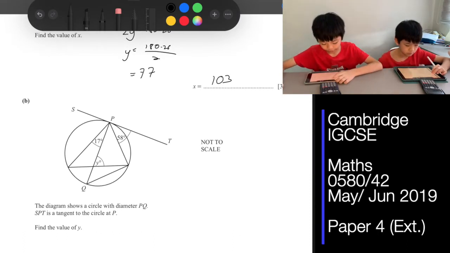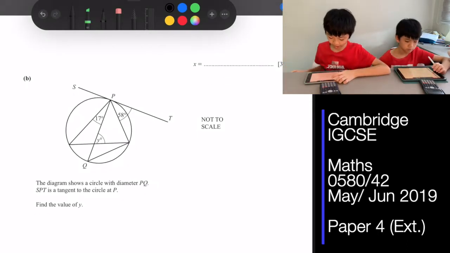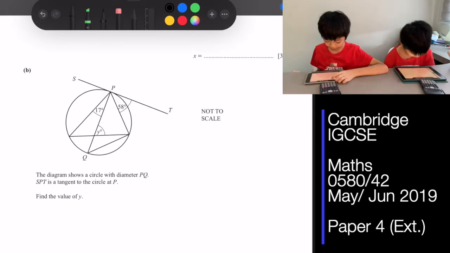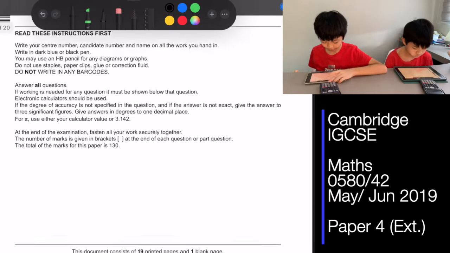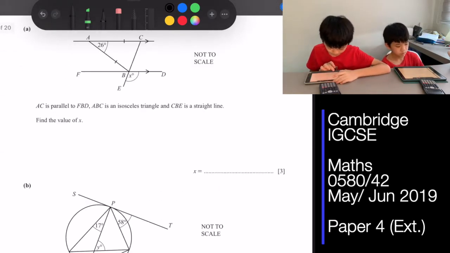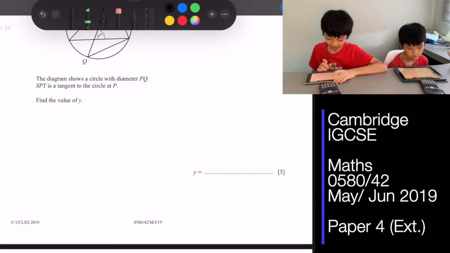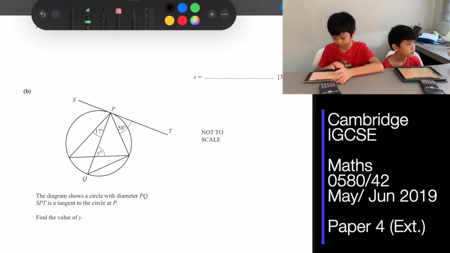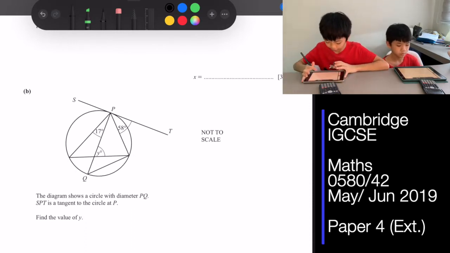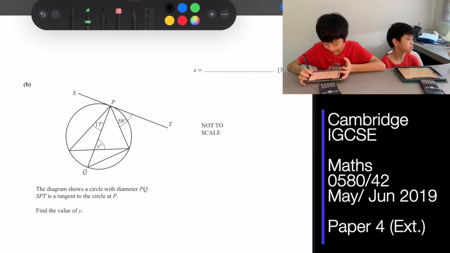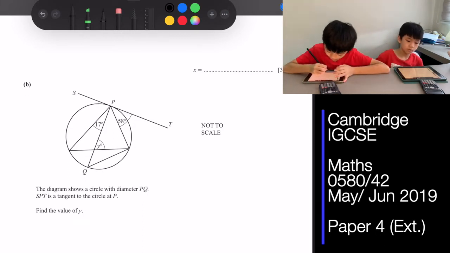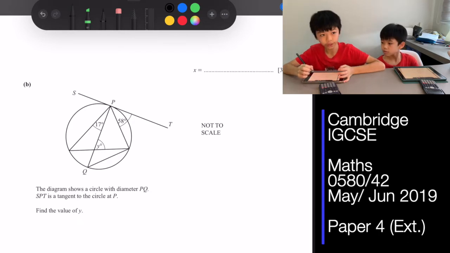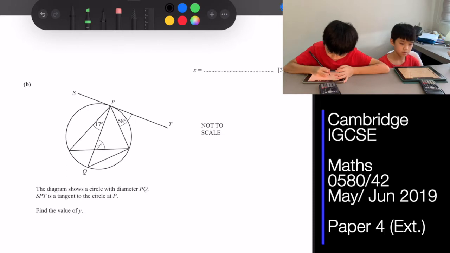Alright. So now for 2b. The diagram shows a circle with diameter PQ. SPT is tangent to the circle at P. Find the value of y. So to find the value of y, this is 58 over here. So 58, we can get another 58 angle thanks to similar angles. So this can be 58.